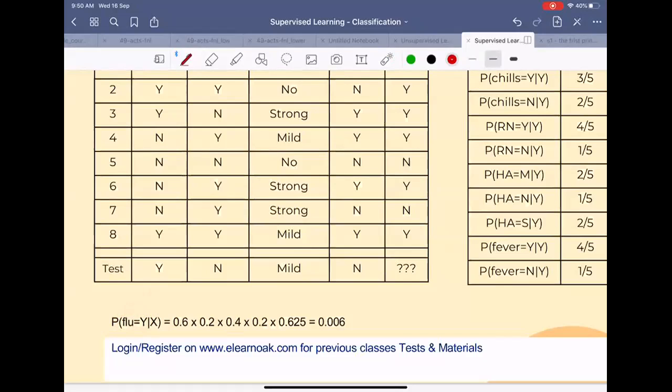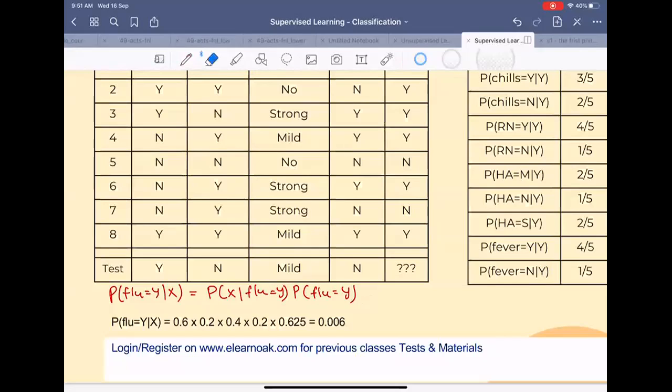The probability that flu is yes given data is equal to the probability of data given flu as yes multiplied by the probability of flu as yes, right? This is what Bayes theorem told us. We also have a denominator, but we know that the denominator is not important. Even if I don't evaluate the denominator, I can still get a fairly right answer, because I want to compare between 2 terms.